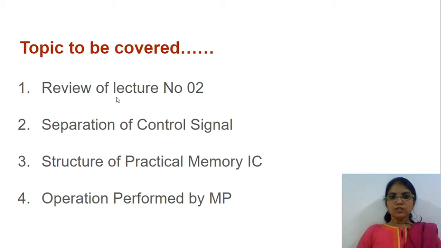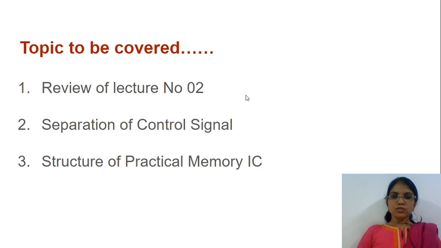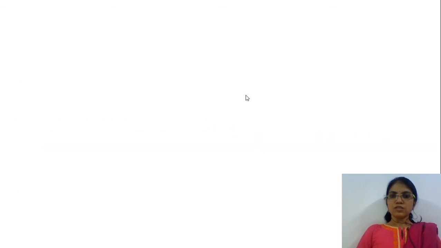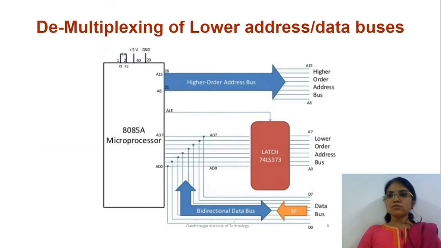So first is the review of lecture number 2. In the previous lecture, we studied the demultiplexing of lower address and data buses. The microprocessor has 16 address lines, that is A15 to A8 and AD7 to AD0. On A15 to A8, the higher address of memory is always transferred, while on AD7 to AD0, the lower address of memory is transferred.